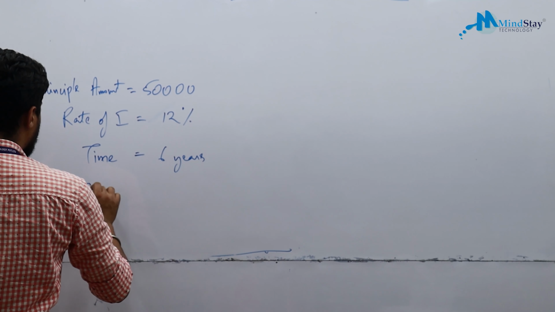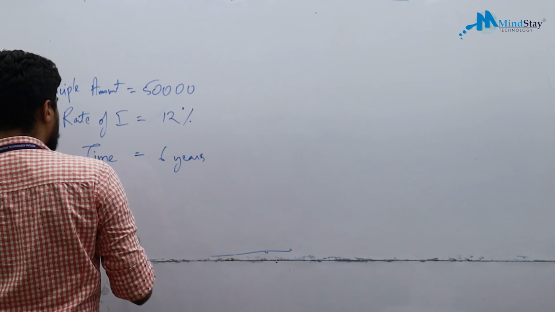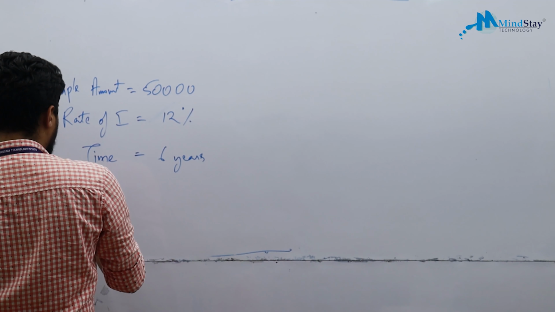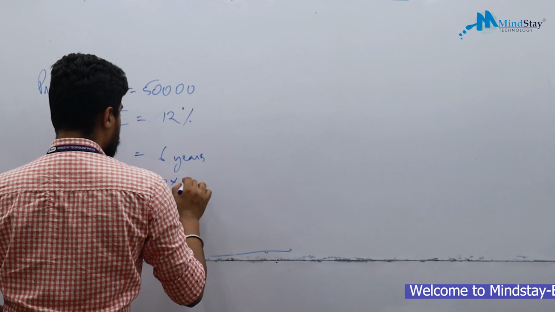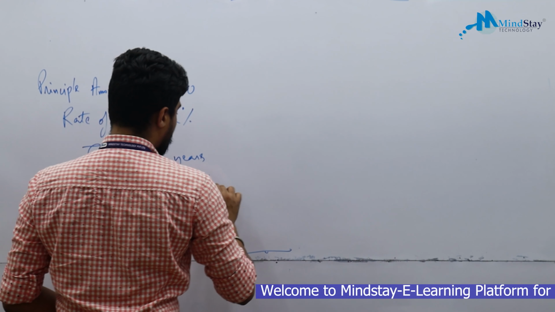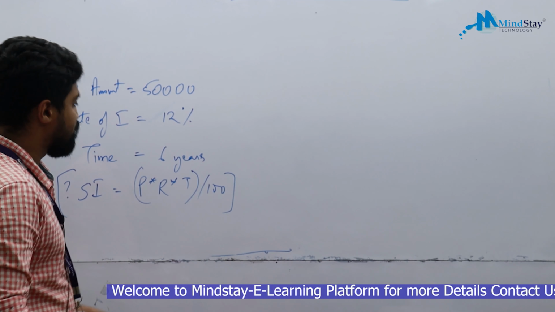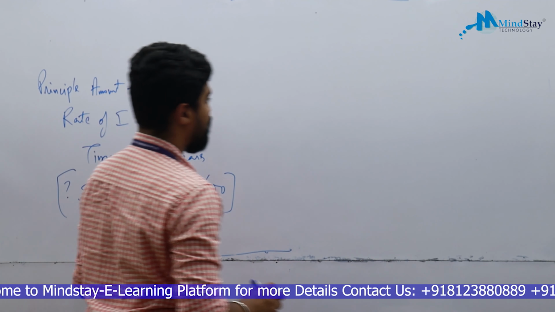What do we need to do? We need to find the simple interest using the formula P into R into T whole divided by 100. So let us quickly solve this as well.